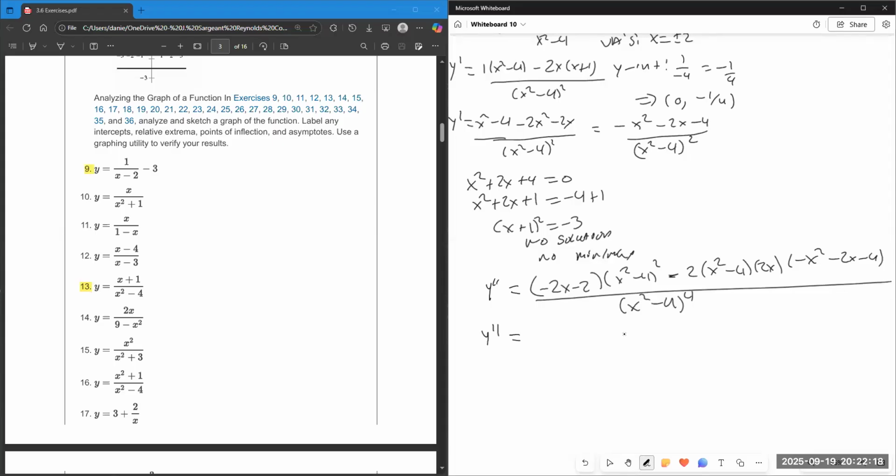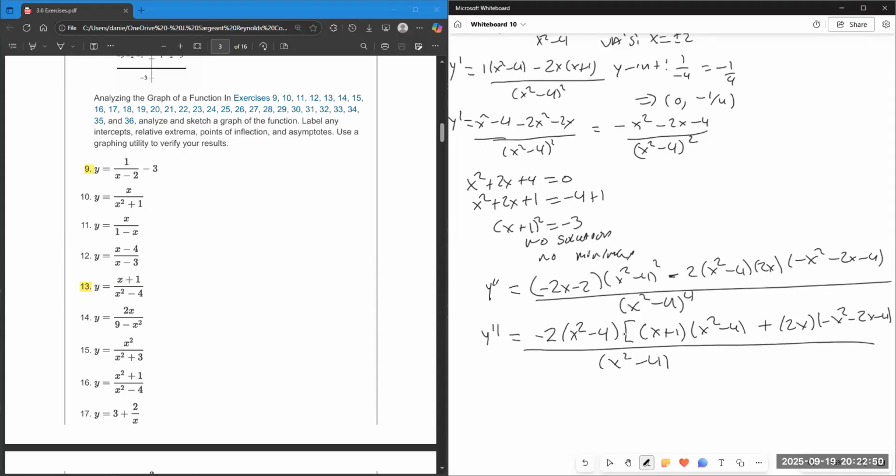really gross. Let's see, we have a negative 2 and an x squared minus 4 that will come out. And this leaves me with x plus 1 times x squared minus 4, plus 2x times negative x squared minus 2x minus 4, over x squared minus 4 to the fourth.